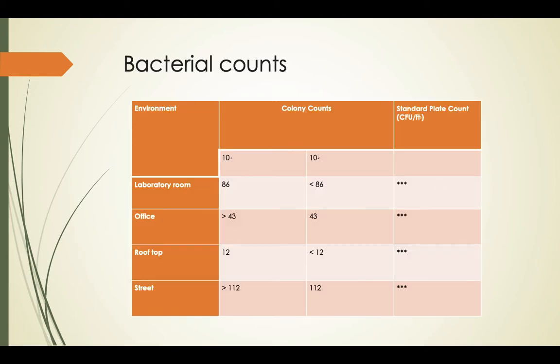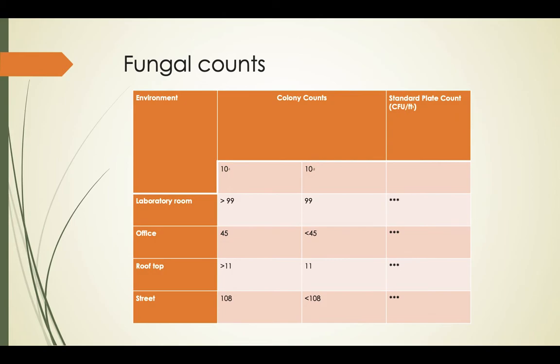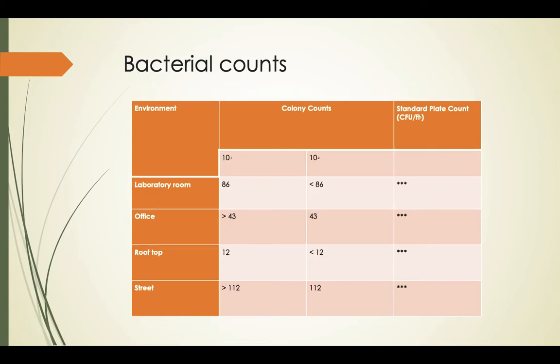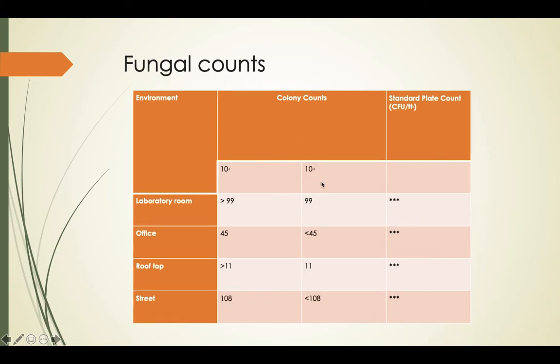The table shows us the bacterial counts and fungal counts. So I have two tables here. And similar to what we've already discussed for soil sampling, the same expected results should appear. Like for 10 to the negative 2, the colony count should be lower than 10 to the negative 1. And for fungal counts, the same applies.